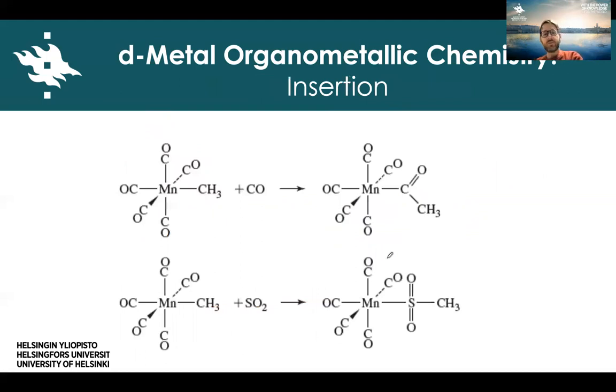We can also have modification of ligands, such as insertion reactions, for example, in which carbon monoxide or sulfur dioxide can be inserted between the metal and the original ligand present in the complex.